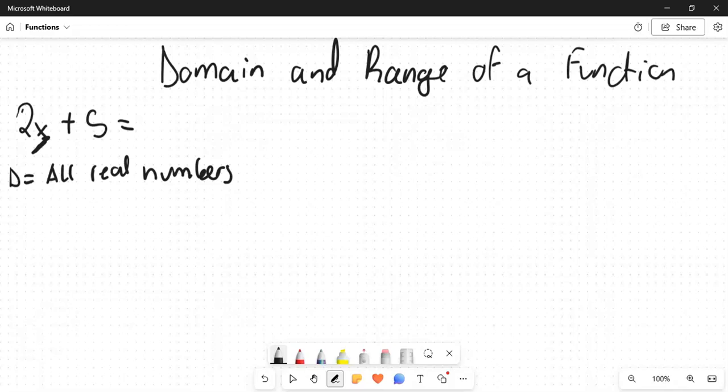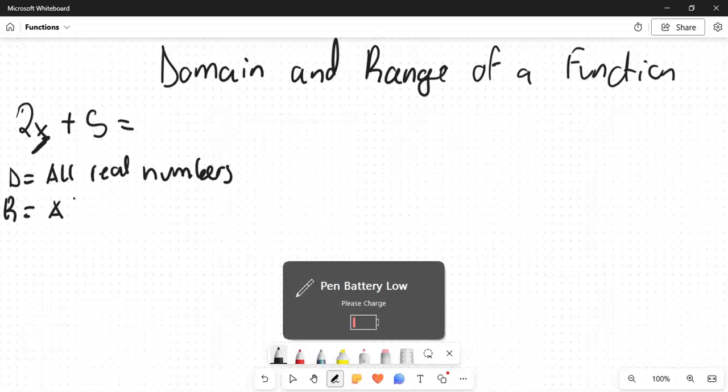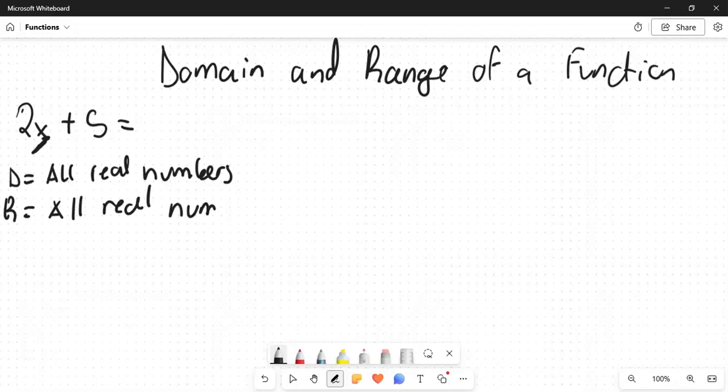If the domain is all real numbers, that means the range can also be any result. So the range here is all real numbers. So a domain is something you can put in as your input, and the range is what you get as your outcome or output. Example 1.